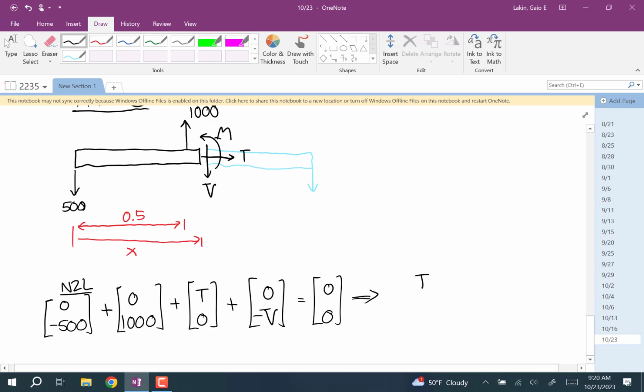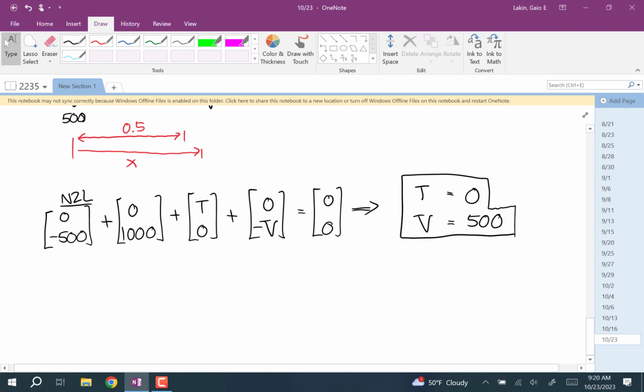And so T is still equal to 0. V is now equal to positive 500. And now we'll go to the moment equation.